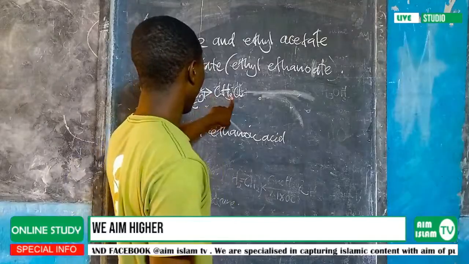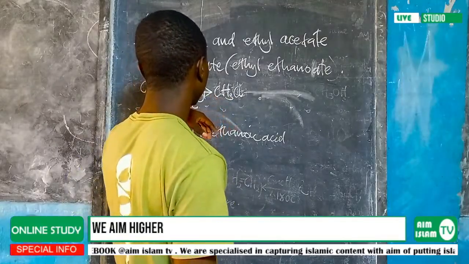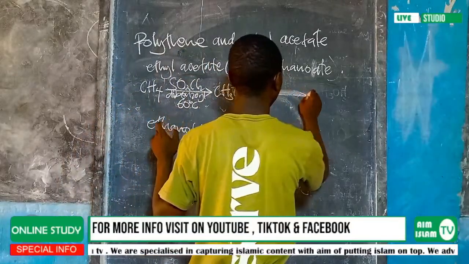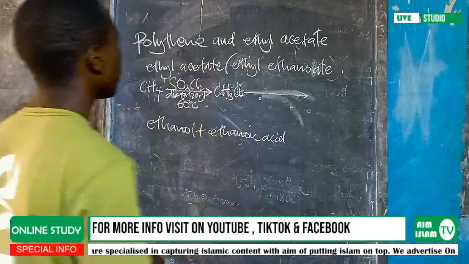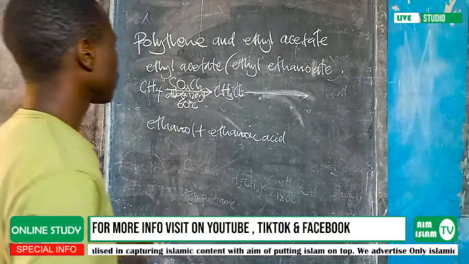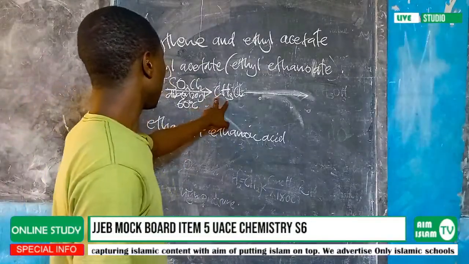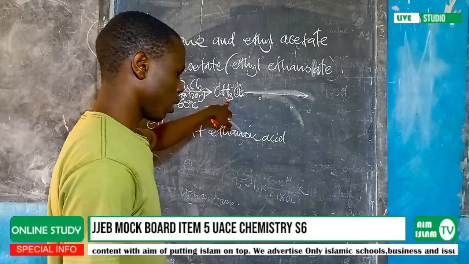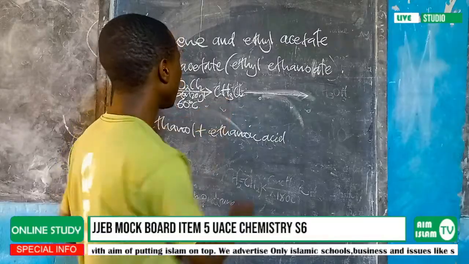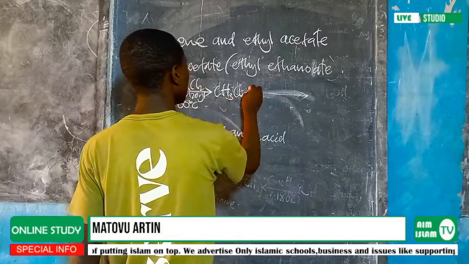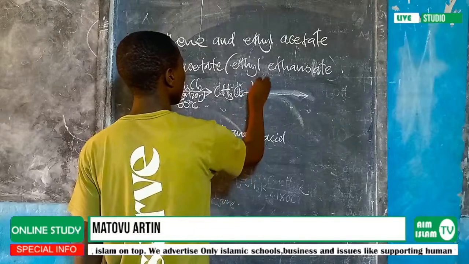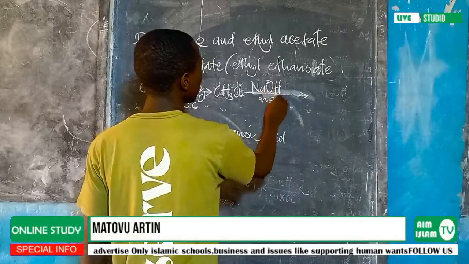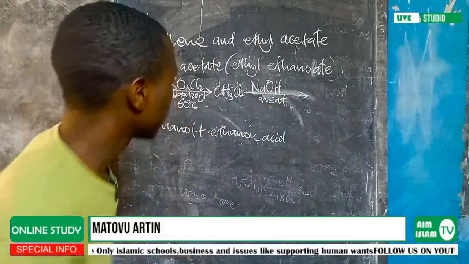Then ethyl acetate, let me see. If I form an alcohol, I have to make sure that I increase these carbon atoms. To increase these carbon atoms, let me take it to an alcohol, that is by addition of sodium, and I heat, that is boiling.